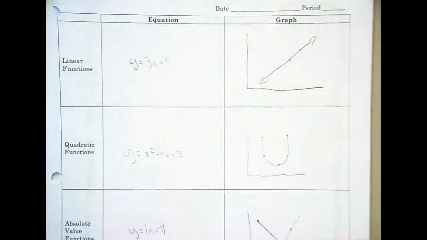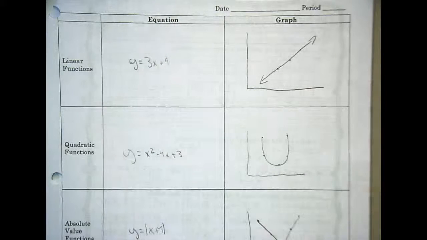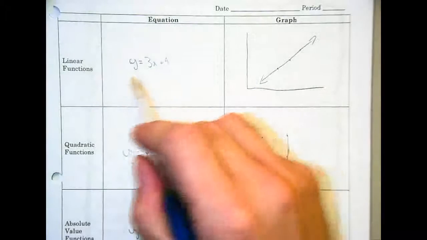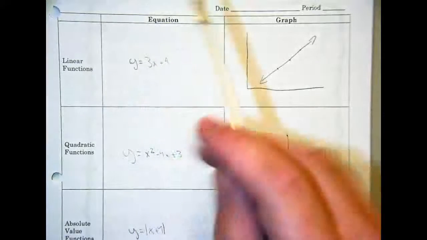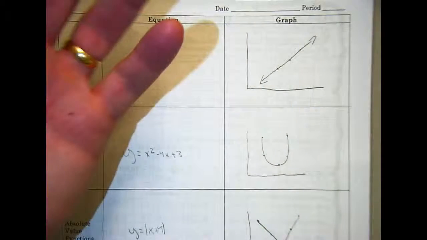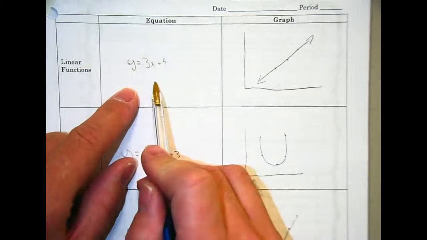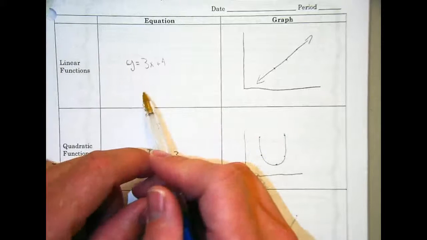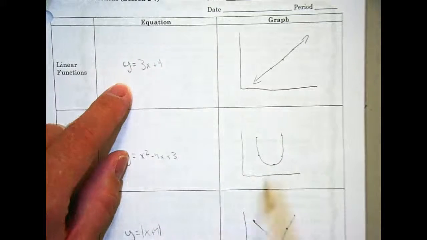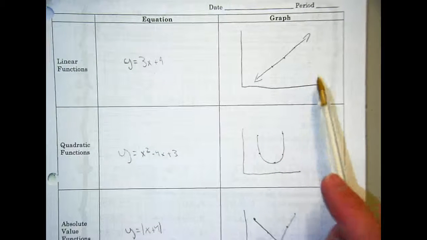X has to be to what power? Annalie? 1. Yeah, x has to be to the first power. Guys, I'm trying to get you ready for justifying what is what. So the reason this works is x is to the first power. It's in the y equals mx plus b format, I think is what you're trying to think of, Jake. Picture-wise, how do we know this is linear? Cole? It's a straight line. Very good.